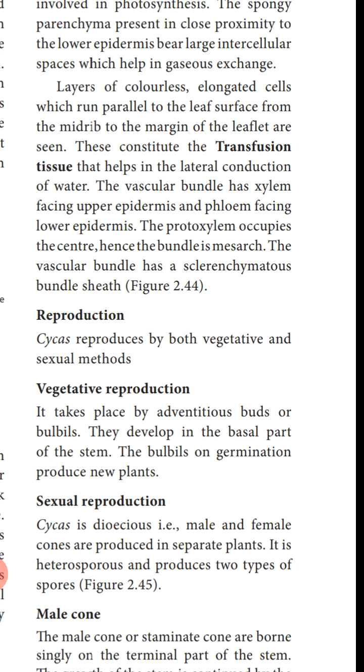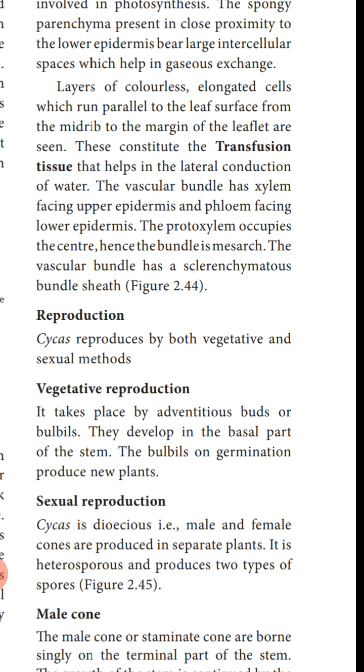As we have studied, the xylem elements have metaxylem and protoxylem. The protoxylem occupies the center region, and hence these bundles are called the mesarch condition. The vascular bundle has a sclerenchymatous bundle sheath. So surrounding the vascular bundle, a single layer of sclerenchymatous bundle sheath is present.